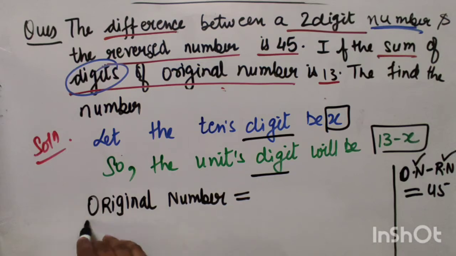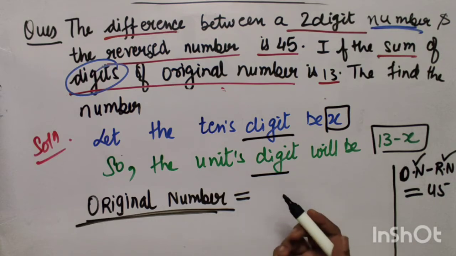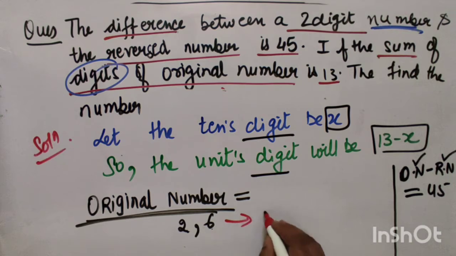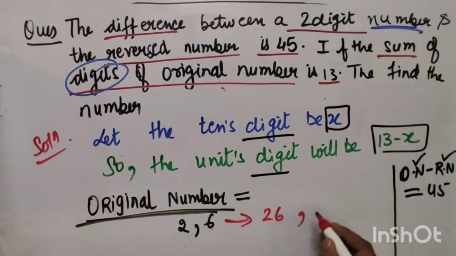To find this out, let me take one more example from the numerals only. Let's suppose I give you the digits 2 and 6. If I ask you to form a 2-digit number from these digits, you will probably form either 26 or 62.